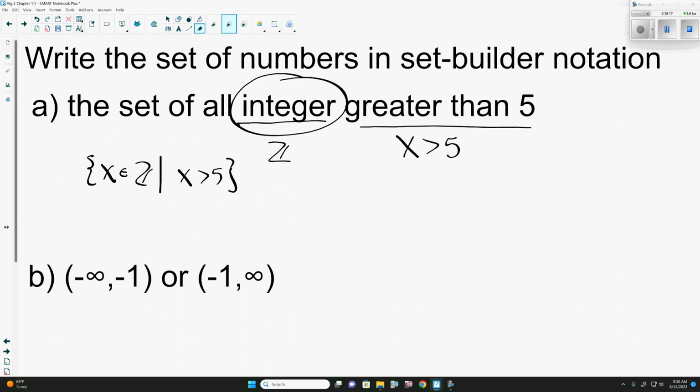What they're going to do, and this is not wrong, is start out with this: all real numbers x such that x is what? x is an integer and x is greater than 5. It says the exact same thing, but just a little more writing.